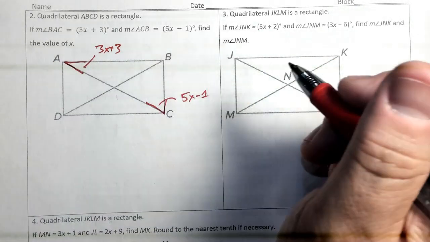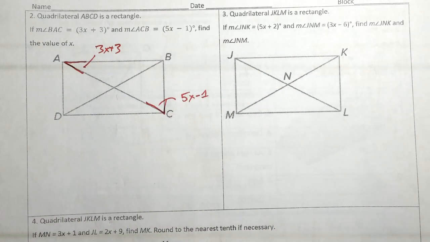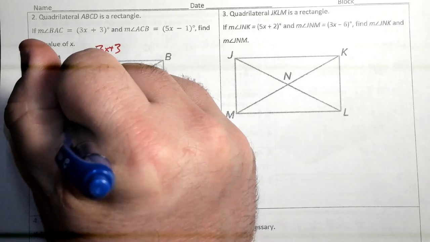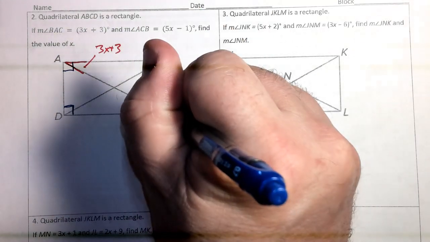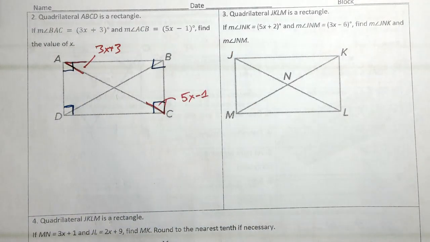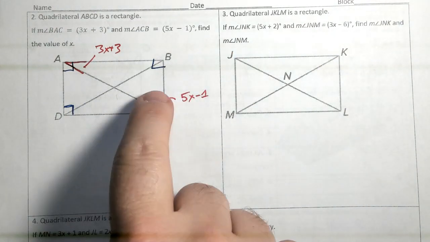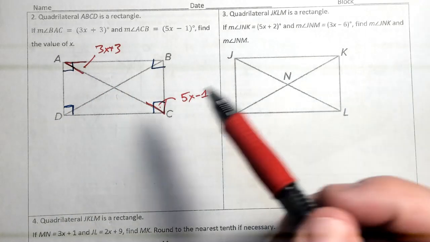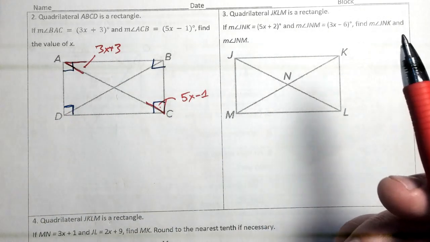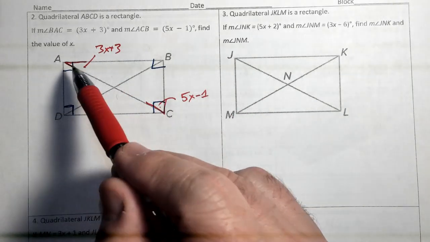Find the value of x. Okay, well, if this is a rectangle, we have 4 90-degree angles that are cut in half by these diagonals. So these guys are congruent, but they're complementary. They equal 90 because they're both half of a 90-degree angle.